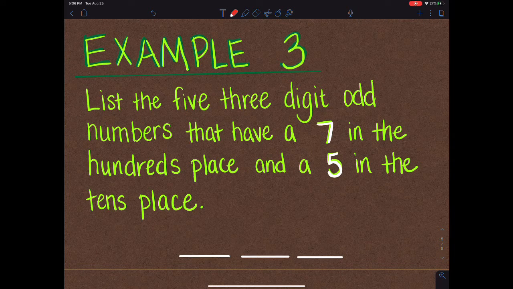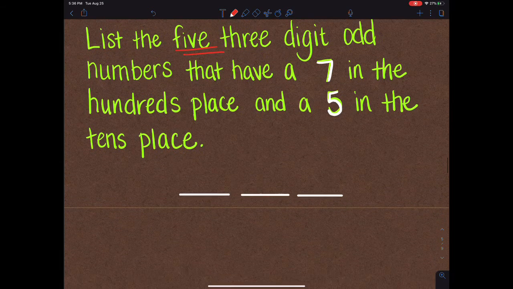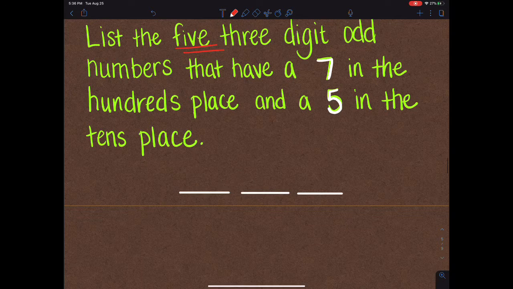Example 3 says, list the 5 3-digit odd numbers that have a 7 in the hundreds place and a 5 in the tens place. All right, so let's see if we can figure this one out. So there's going to be 5 3-digit numbers.